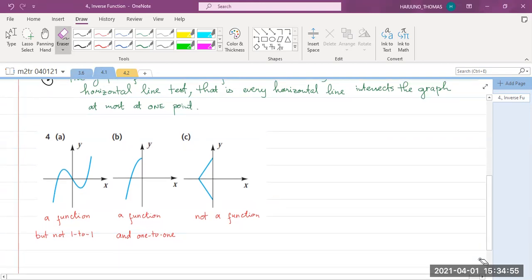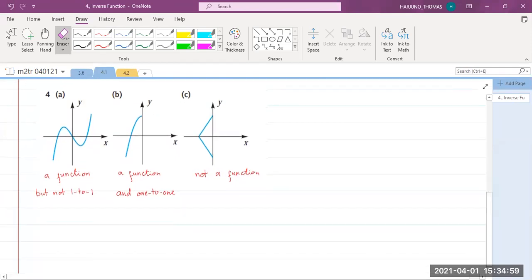Now, I have some questions from our textbook, between number 6 and number 16, which I didn't go over in my previous lecture, about how to check if a function is one-to-one or not.